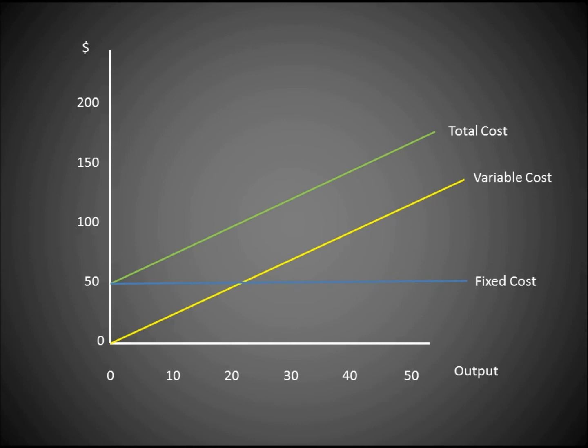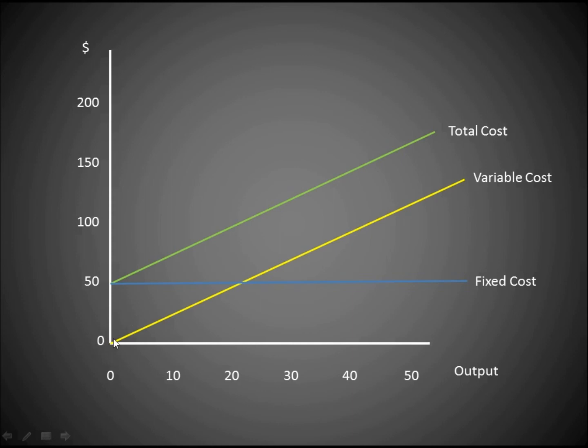Graphically, it's represented this way. The green line is your total cost line. And again, this is just linear, right? And so what's happening here is you have these two other costs that make up total cost. Here we have variable cost, the yellow line. And you'll notice it parallels perfectly total cost.